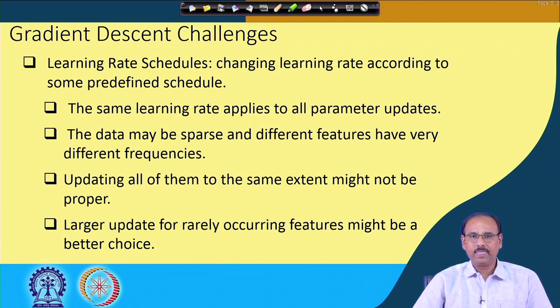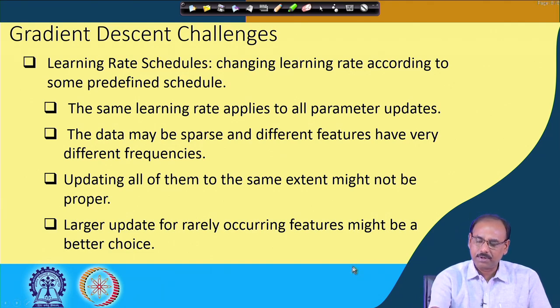So updating all these parameters by the same extent, or using the same step size, may not be proper. Depending upon the frequency, I can use a larger update for rarely occurring features, whereas for those features which are frequently occurring, I can have a smaller update size. So this is another problem in gradient descent optimization techniques.